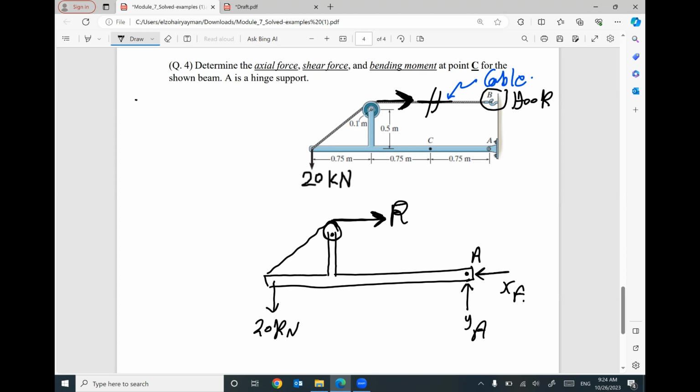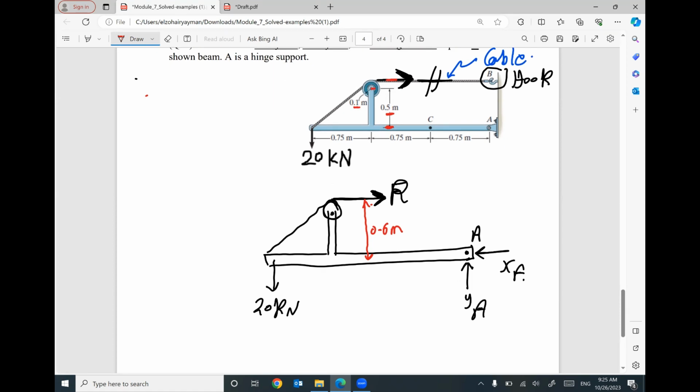Now we are ready to figure out the reactions. Keep in your mind, this vertical distance will be 0.6 meter. It's not 0.5. 0.5 is until the center of this pulley, but we still have radius 0.1 meter. So the total distance from the force to this center line will be 0.6 meter.